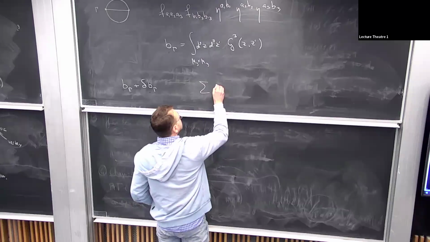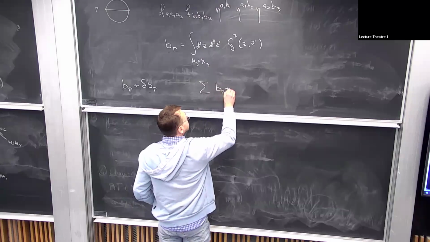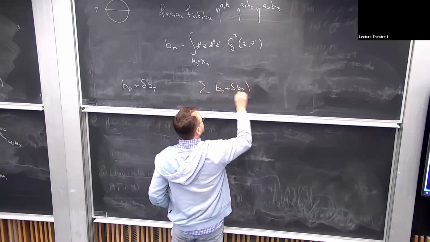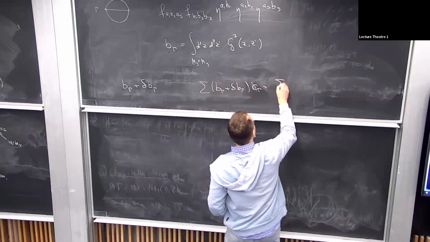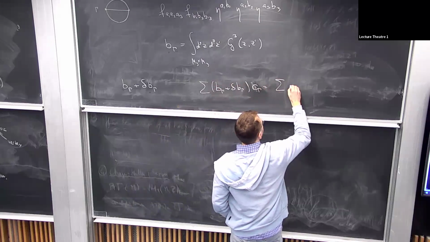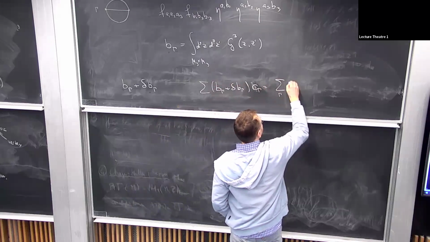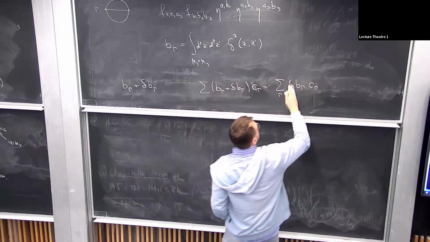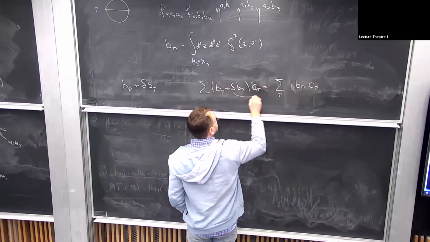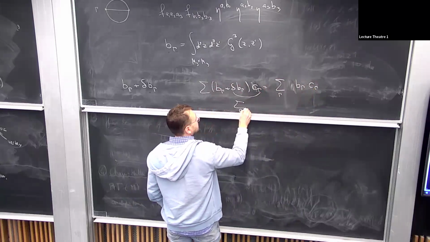So this combination, summed over gamma, should be 0.